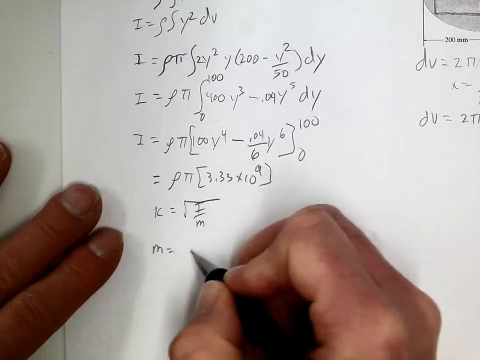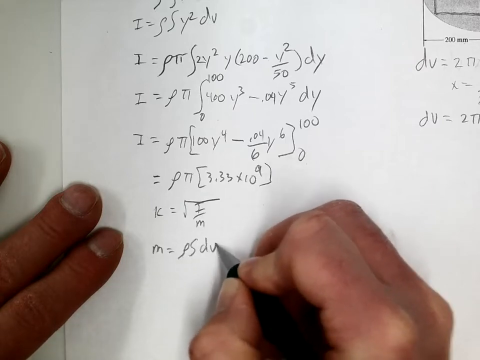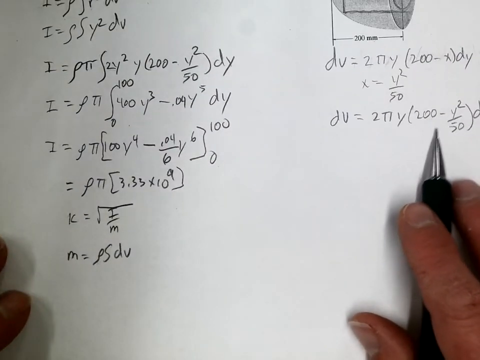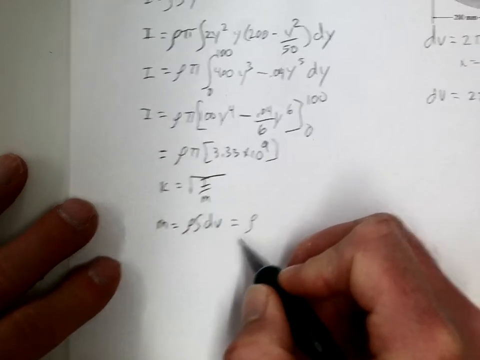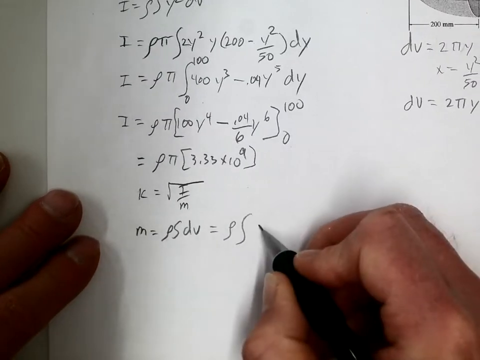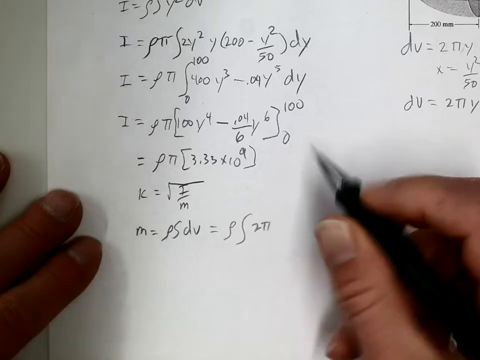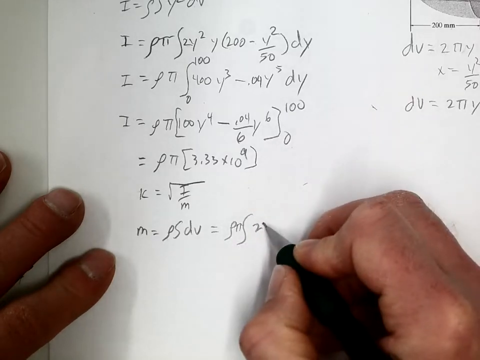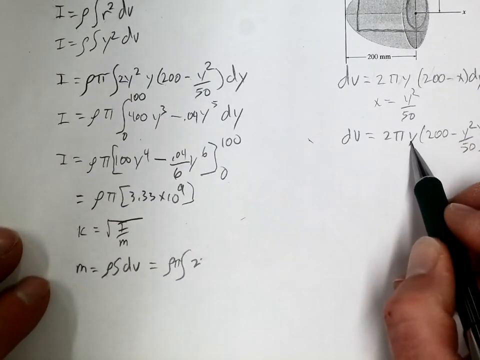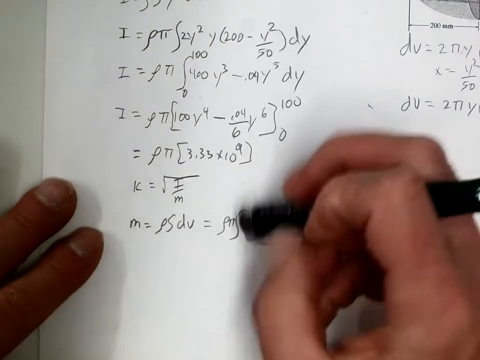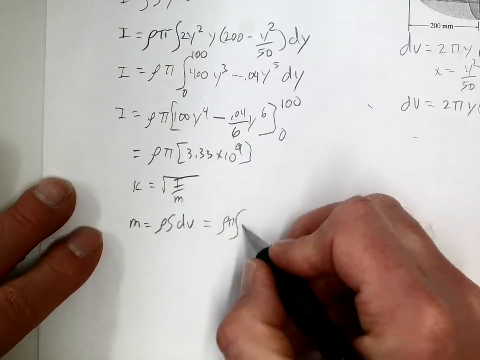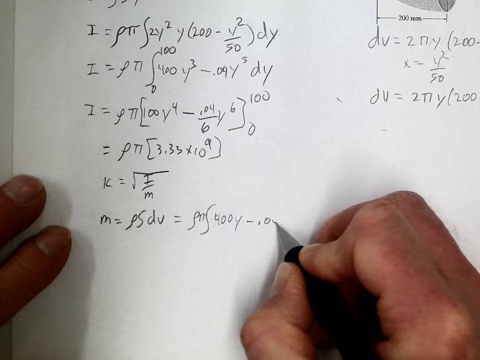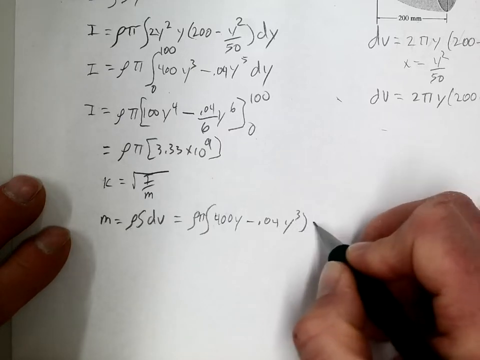So m is equal to rho integral of dV. Now dV we already have here, so we'll integrate that, rho integral of 2 pi, let's move the pi out, so rho pi 2 times y times 200 would be 400y, and 2y times that would be, again, negative 0.04 y to the 3rd dy.